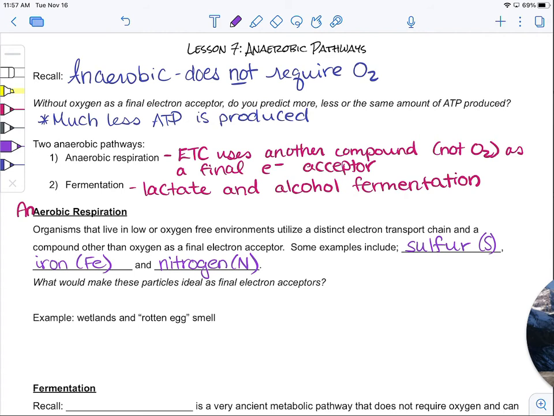What makes these others, such as sulfur, iron, nitrogen, really great as final electron acceptors is they have a higher electronegativity than complex 4, because in lesson 6, we discussed the fact that complex 4 of the complexes would be most electronegative. But we're always looking for the one that has the strongest electronegativity. So these ones have a higher electronegativity than complex 4, and we talked about how this meant that they had a strong pull on electrons.